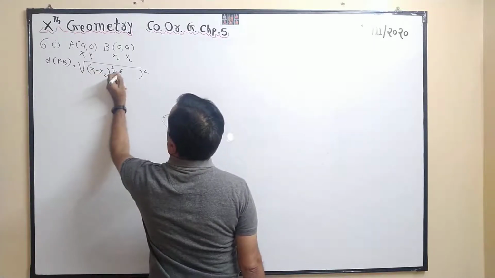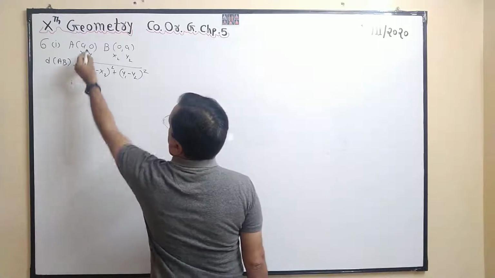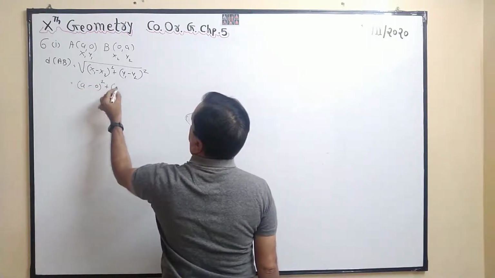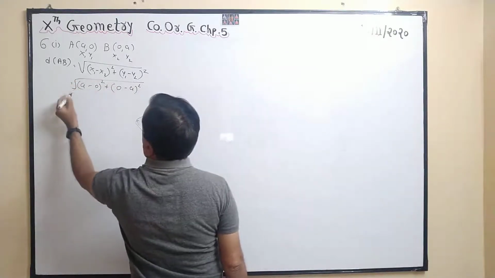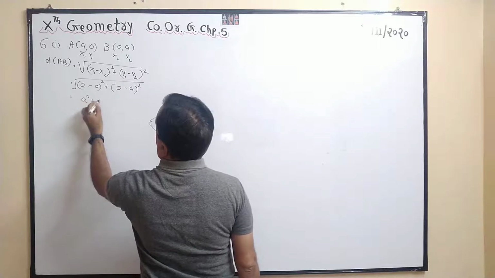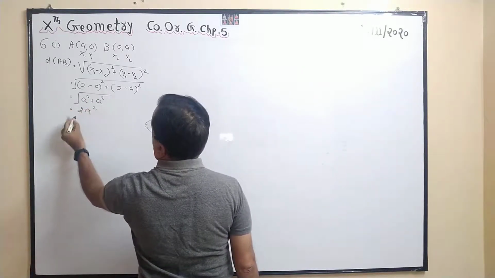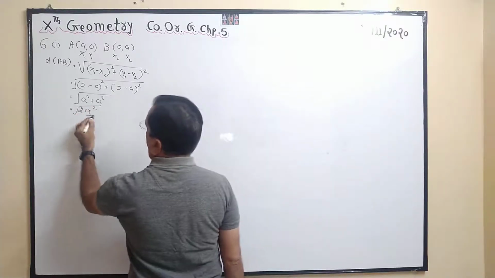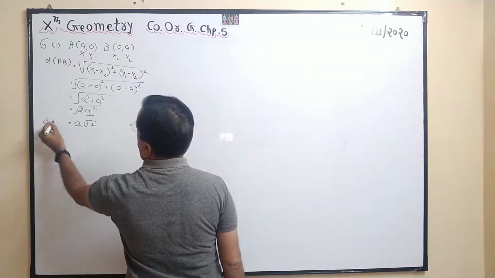So (x1 minus x2) squared plus (y1 minus y2) squared. So (a minus 0) square plus (0 minus a) square. So this is a square only. This is also a square only. So this is 2a square. Square root of 2 is not possible. Square root of a square is a. This is root 2 a. It is distance AB.